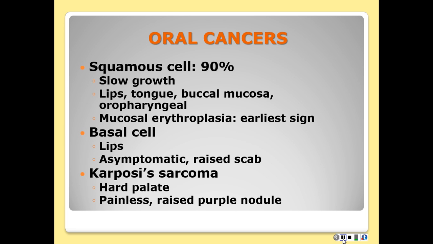In the mouth, it's usually on the hard palate, but you see this in folks who have AIDS. It is a cancer, and they're really dark purple reddish splotches, and they can be all over the body. Most of your oral cancers come from some type of tobacco use.